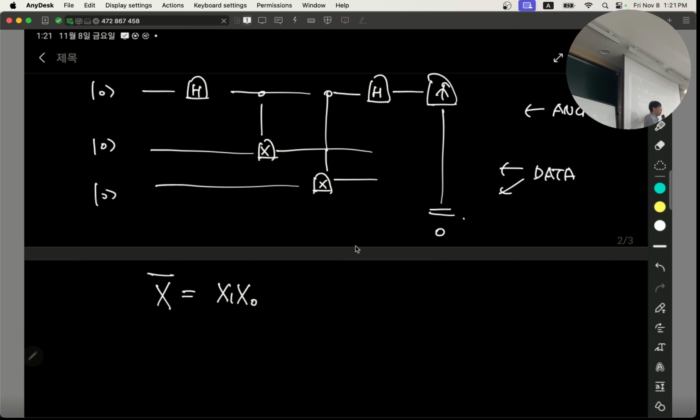That means -1 times -1 is +1, so it's also the same measurement. When you apply more data qubits, there are more possibilities, so it's hard to figure out what actually happens on one of these data qubits.